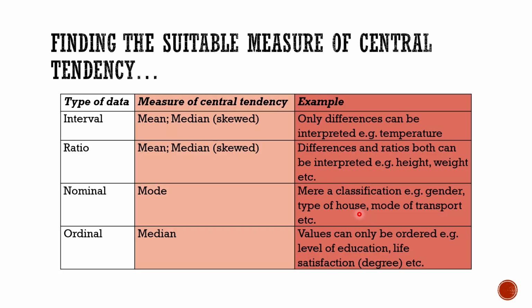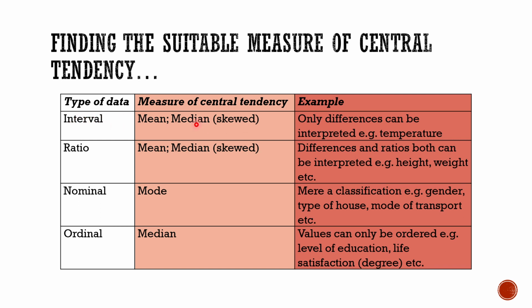Now we have gone through three different measures of central tendency, that is mean, median, and mode. Now I'll give you a gist of which can be used when. For different types of data, you can use different measures of central tendency. For interval data, where only differences can be interpreted, for example temperature, you can use mean and median.